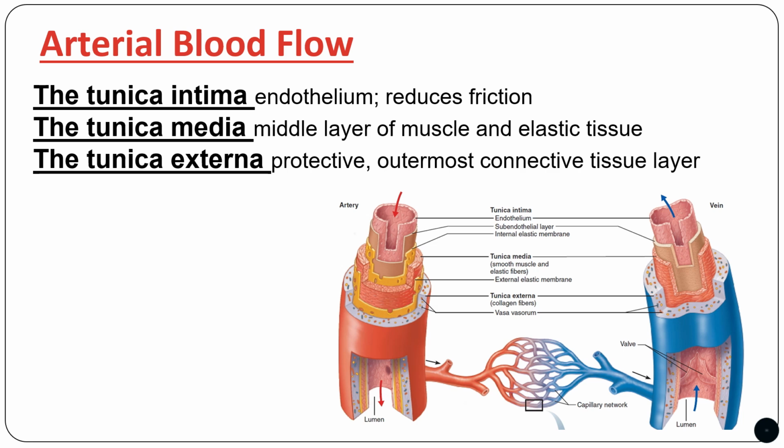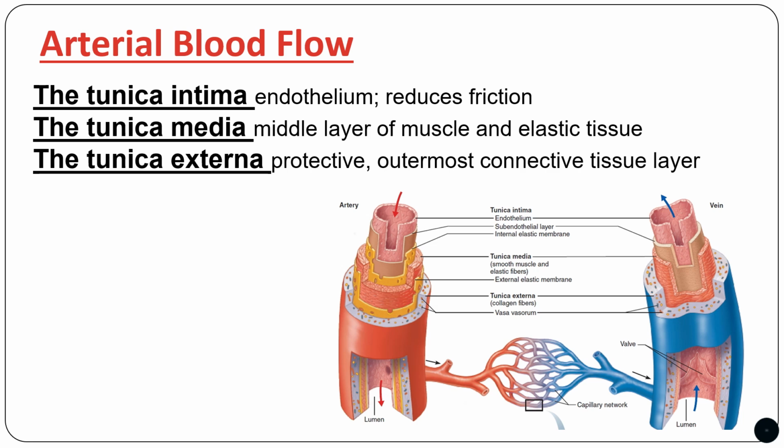Your blood vessels do have layers of tissue to them, just like a lot of our other organs and body tissues. The first is the tunica intima. This is like our endothelium. The purpose of this is to reduce the friction of the blood flowing through these vessels.